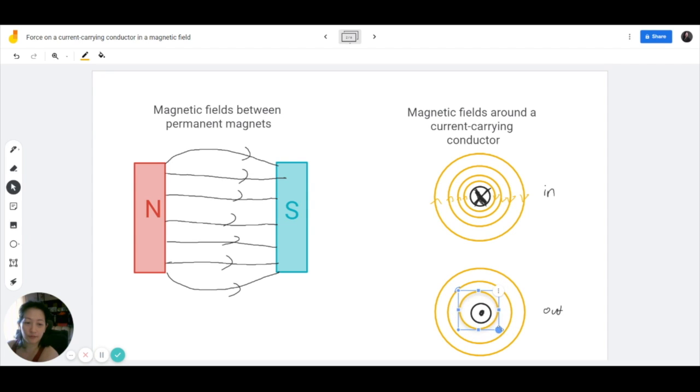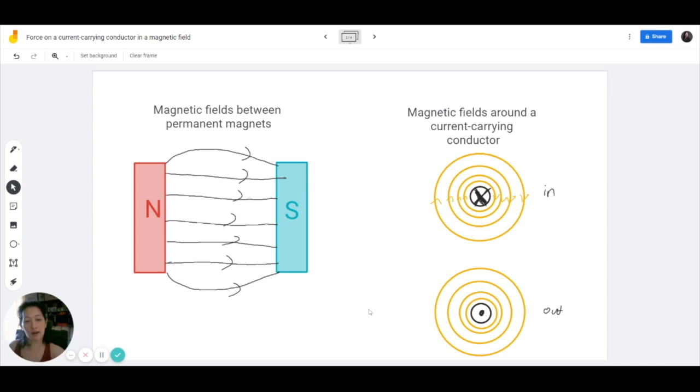So I'm just going to draw more fields here so that you can visualize. This is what the magnetic fields should look like. You get the spacing a little bit more correct looking. Okay, there we go.